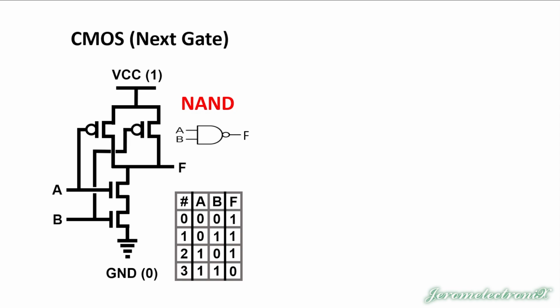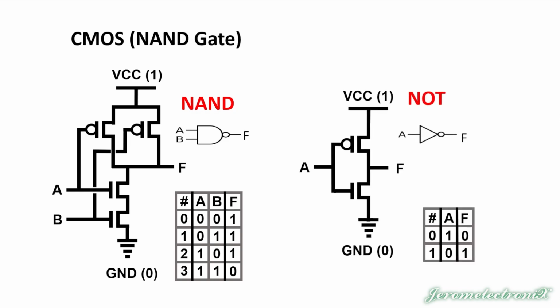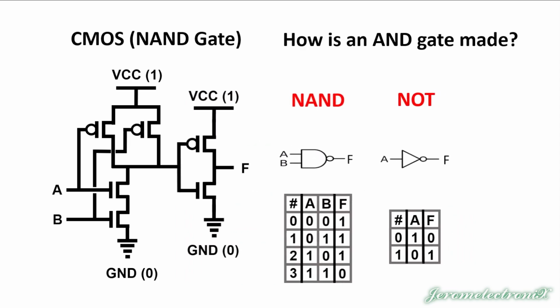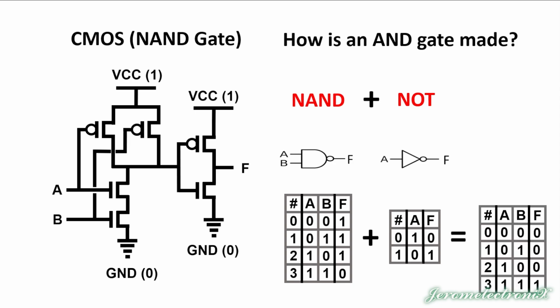Well, maybe we don't want a NAND gate. Maybe we want an AND gate. What are we going to do? Well, we're going to take the CMOS version of a NOT gate, an inverter, and we're going to plug it into the output of the NAND gate. That will flip the result and give us an AND gate.